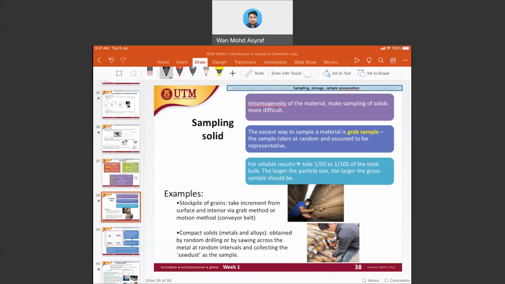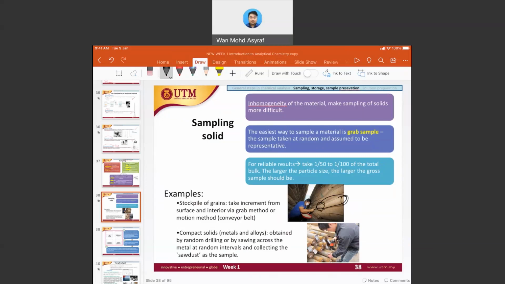For example, in this sack, the sample is basically not homogeneous throughout the sack. Maybe there are some things that are much higher in concentration towards the left side or maybe towards the right side. It depends on the sample. It also depends on the bulk.